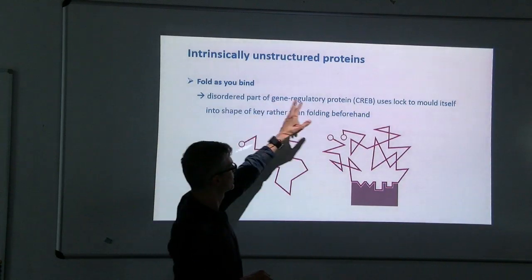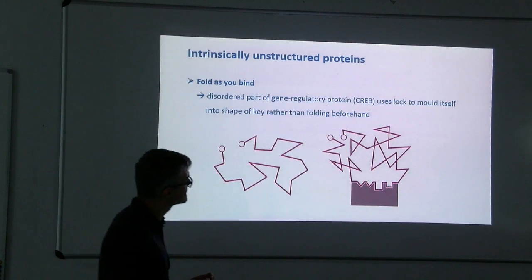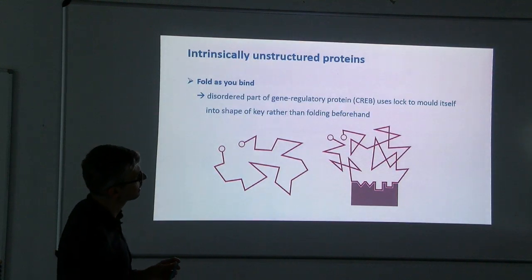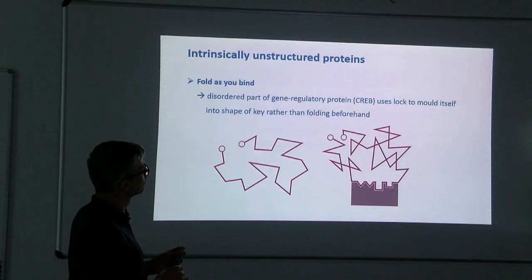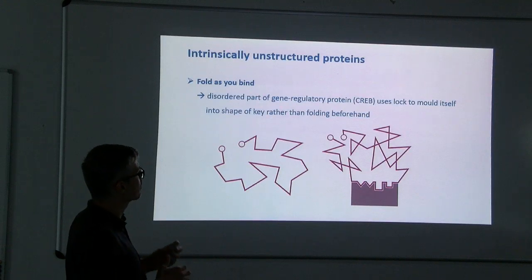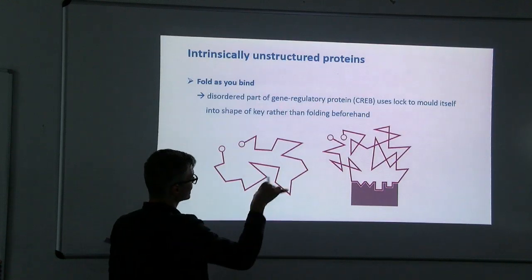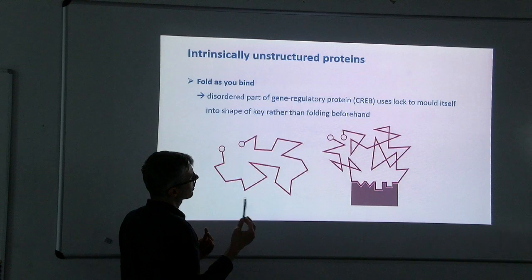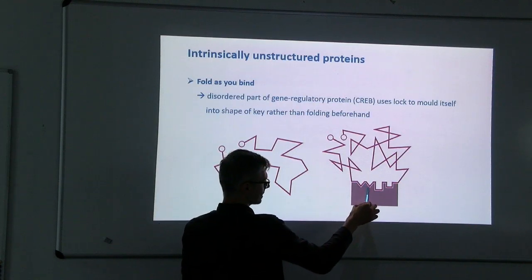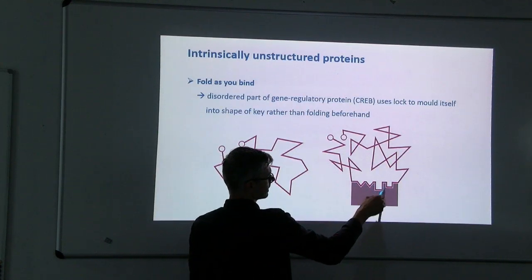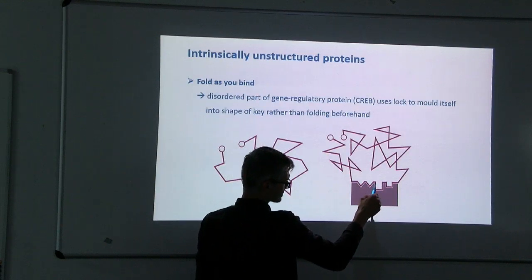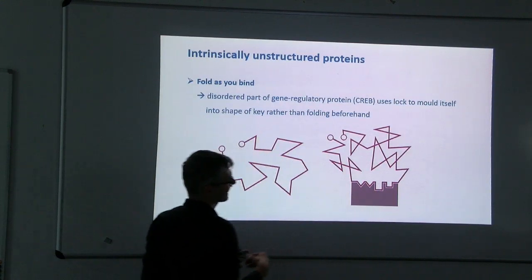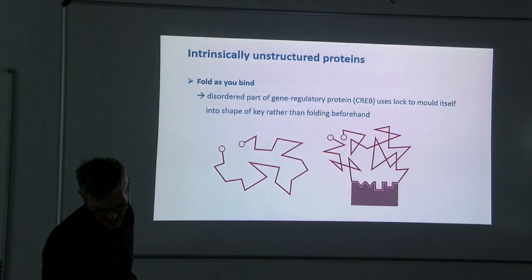The gene regulatory protein CREB is one such example. It uses a lock to mold itself into the shape of what we call the key. So it's not really structured beforehand, but when it interacts, when it binds, then it folds into a stable structure and it can interact. So, fold as it binds the protein.